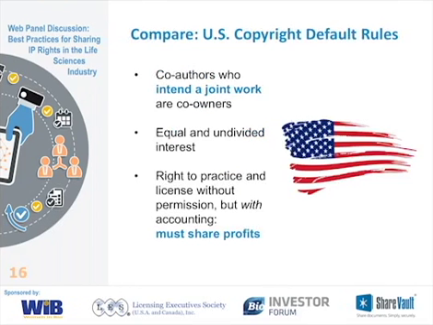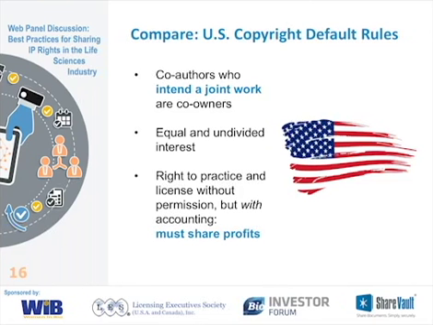Also, an interesting point of comparison is to look at what the default rules are for copyright in the U.S. It's possible to become co-owners of a patent working independently. Not so with the copyright. Jointly owned work requires this intention to create by the co-owners. It's kind of an interesting difference.